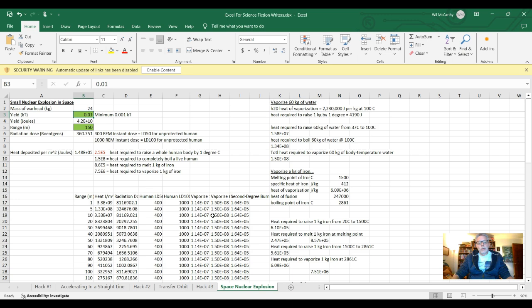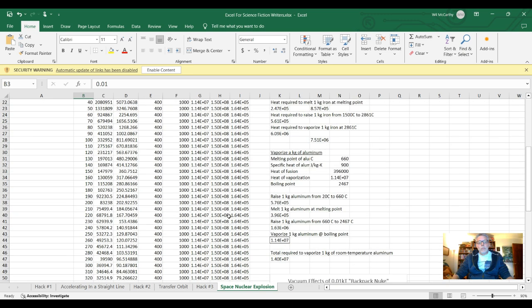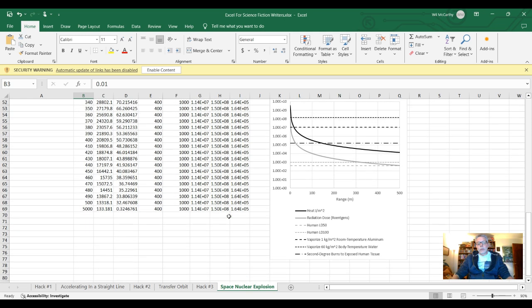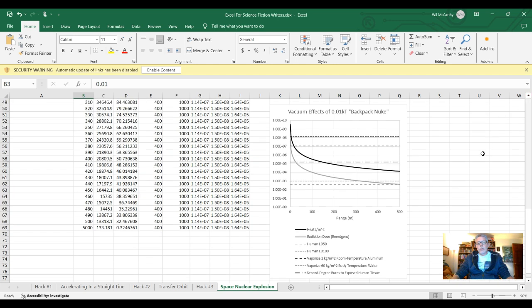That'd be a very large warhead for a missile. So this is why nuclear warheads, backpack nuke warheads, are more convenient. But anyway, this is how we calculate the effects of an explosion in space.